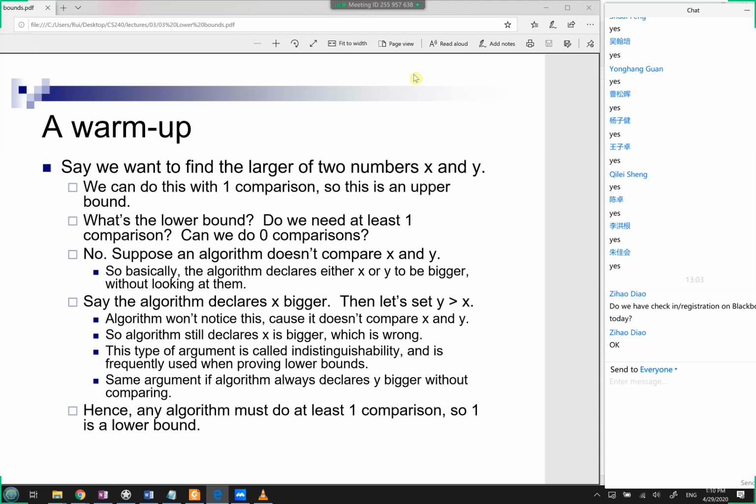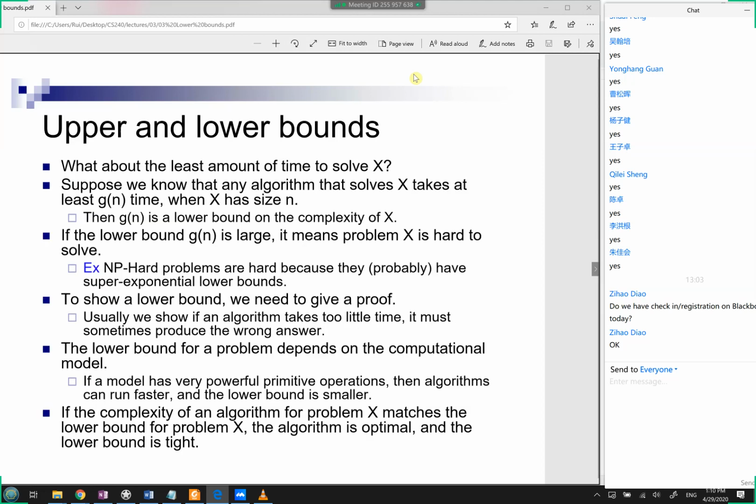Now, these lower bounds are also very sensitive to the type of model that you work in. I mentioned this in the lecture, but for example, today we're going to prove a lower bound for sorting. The model we're going to use is called a comparison-based model, where the algorithm can only compare two input values, and based on whichever one is larger, it can make additional decisions.